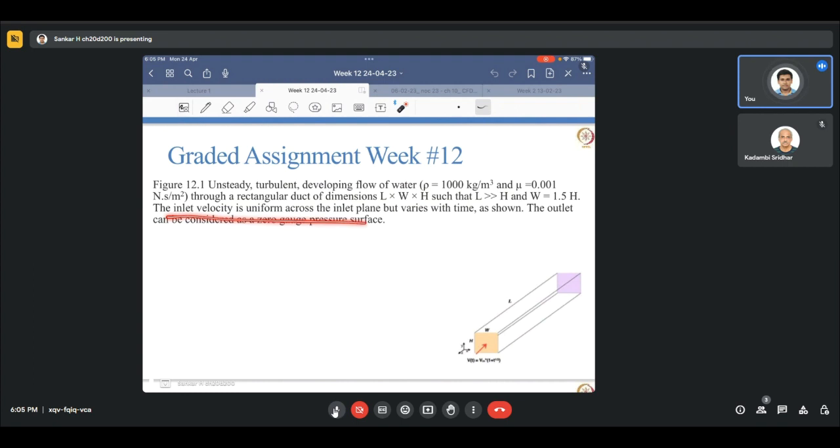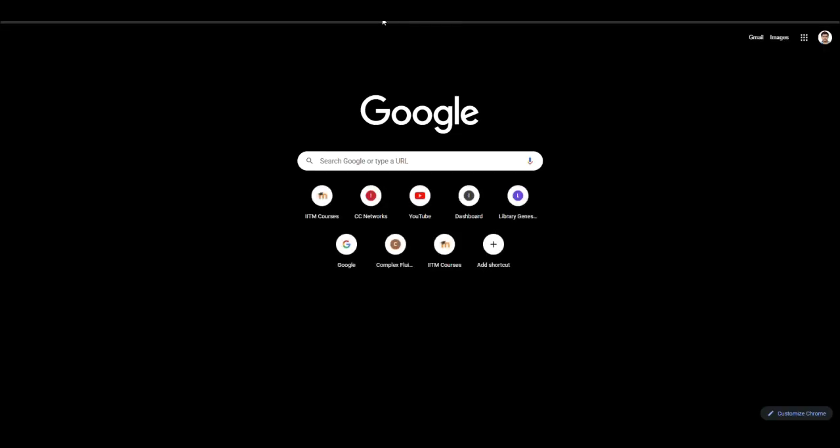The inlet velocity is uniform across the inlet plane but varies with time as shown. The outlet can be considered as a zero gauge pressure surface.